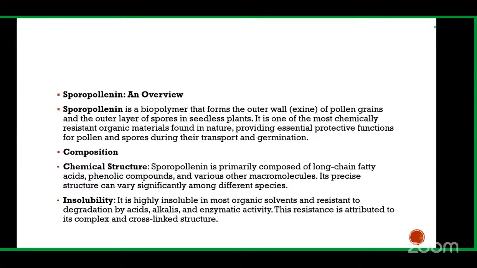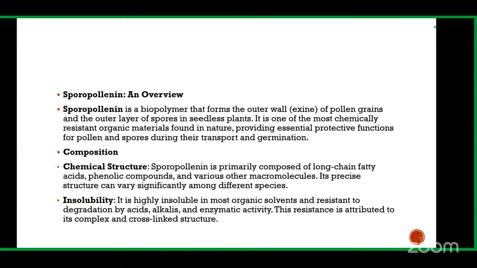The next topic is sporopollenin, which is very important. What is sporopollenin? It is a biopolymer that forms the outer wall, the exine, of pollen grains and the outer layer of spores in seedless plants.